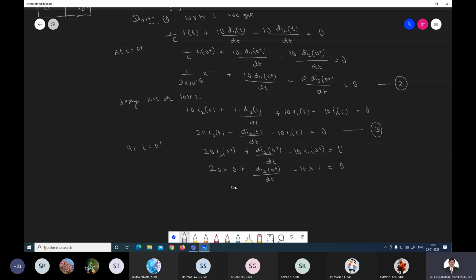Then di2(0+)/dt is equal to 10 amps per second. You can call this equation 4.